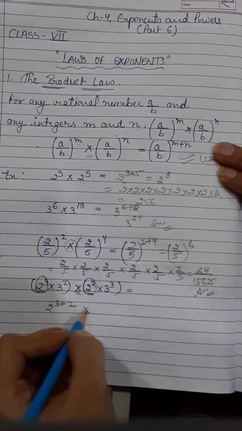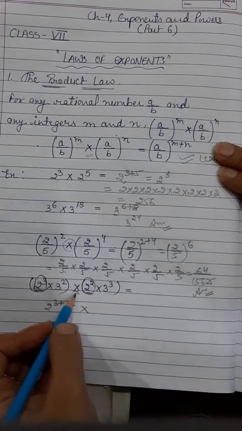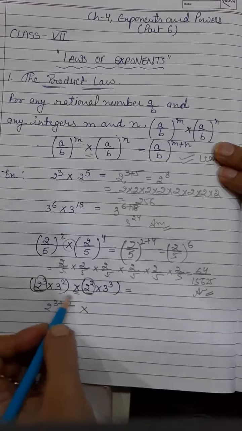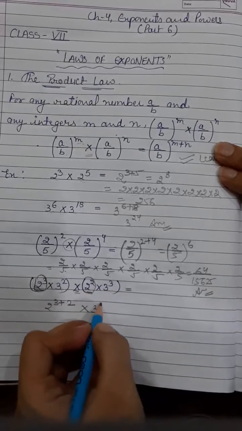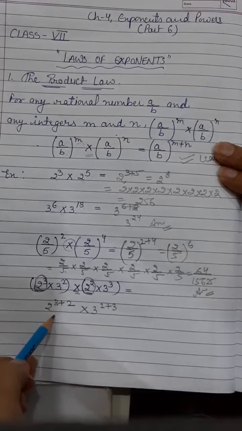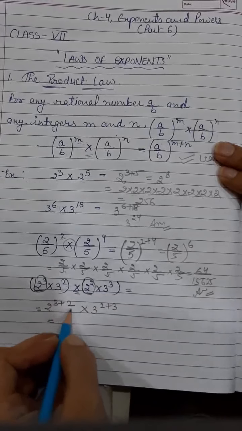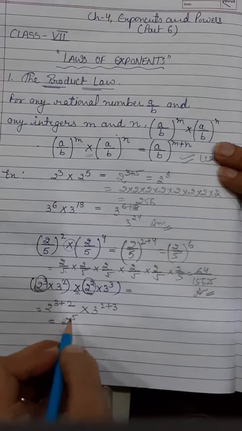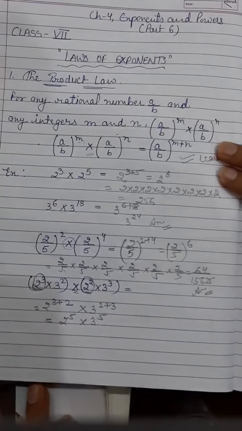Similarly 3 to the power 2 and 3 to the power 3, again bases are the same, so one time we write the base and powers to be added, 2 plus 3. Is it clear? Now next step, add the powers: 2 to the power of 5 into 3 to the power of 5, right?